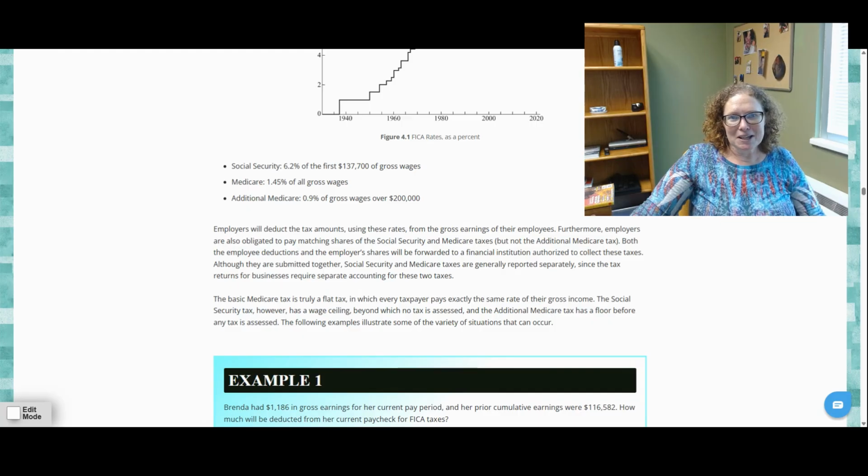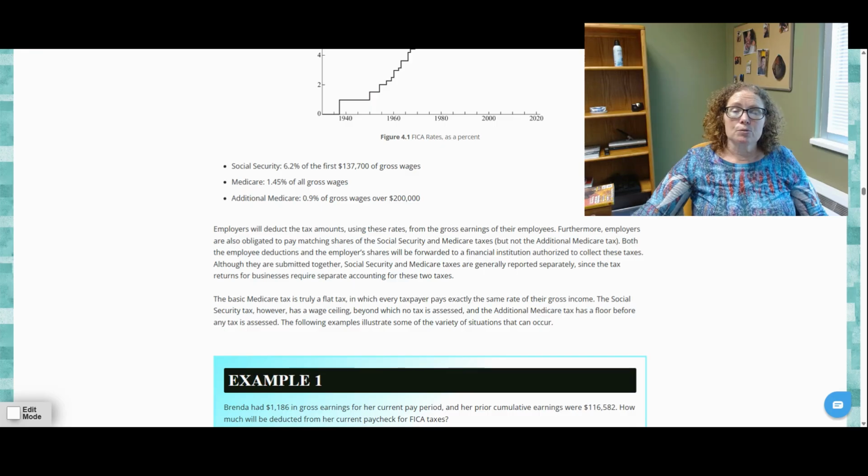Another thing that we need to think about, that we will get to in our exercises, because it will ask you how much the company owes for an employee for the week or the paycheck or whatever. So we have to consider the fact that employers are also paying matching shares of Social Security and Medicare.